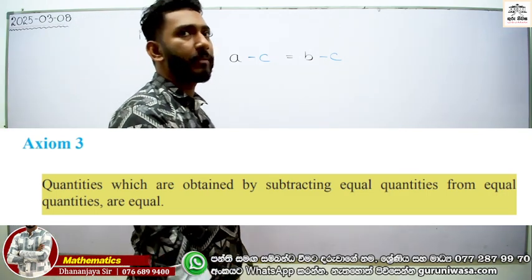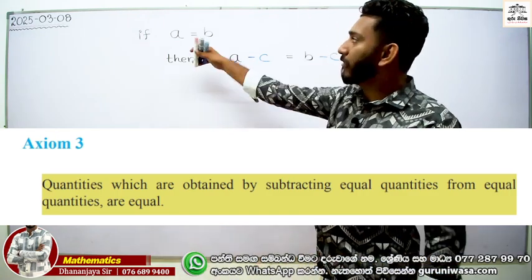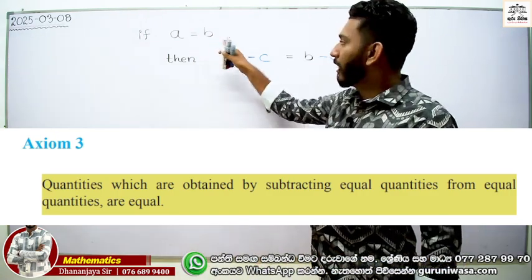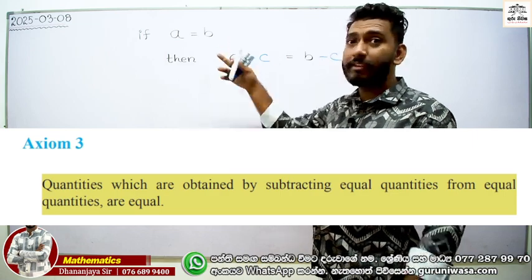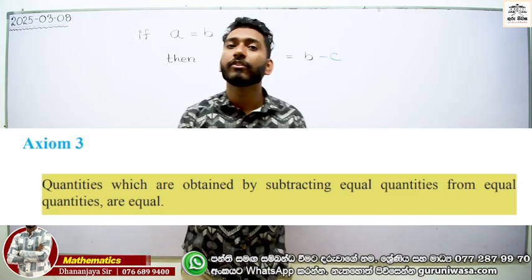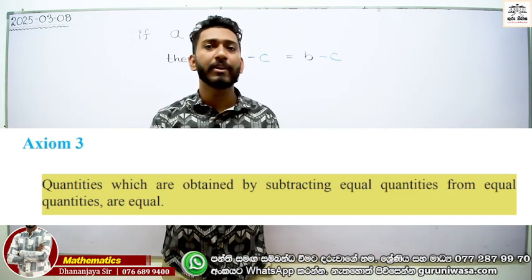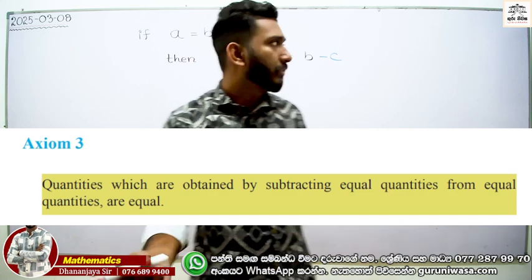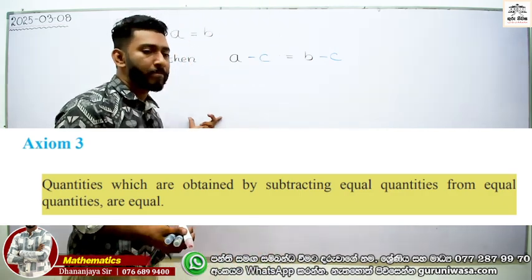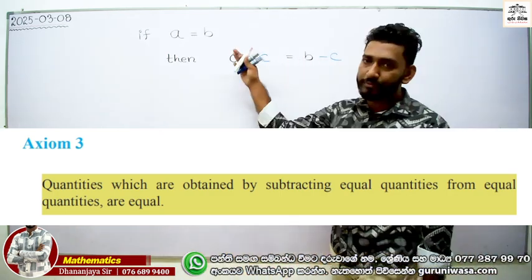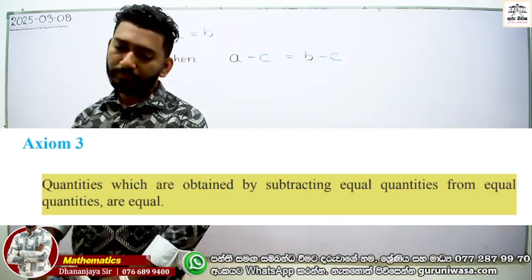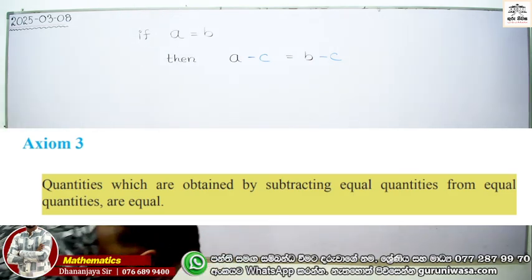This is the same thing. When A equals B, and C is subtracted from A and from B, the results should be equal. That's the same thing, right? Therefore, this is axiom number 3. Put the star mark and write all these things in the writing book.